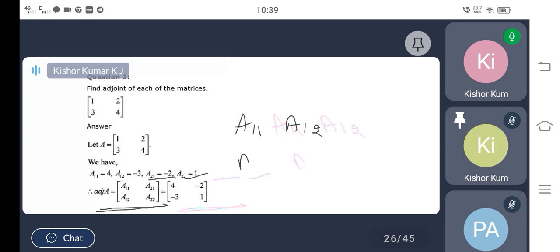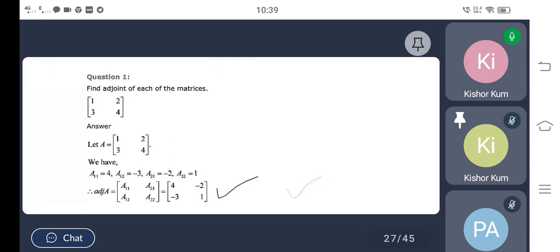But to get the adjoint of this, how do we find the transpose? Just change the rows into columns, so that we get this format: A11, A21, A12, A22. Now, finally, you have all these values. You can substitute this, and we get your adjoint in the form of -2, -3, 1. So that is your required solution.